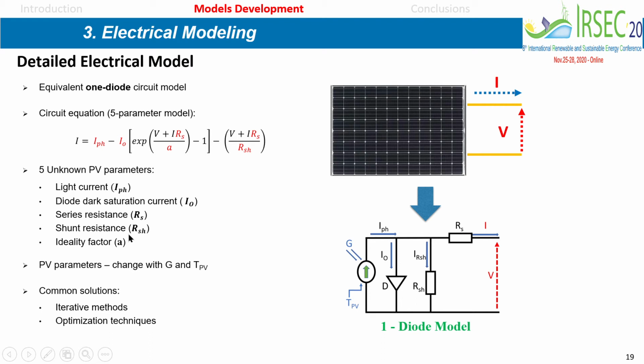These are usually calculated through iterative methods or optimization techniques. All right. However, these are also dependent on temperature, all of these 5, on the temperature of the cell, and also on the global irradiance.